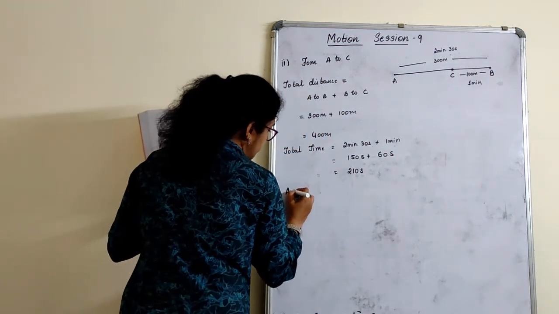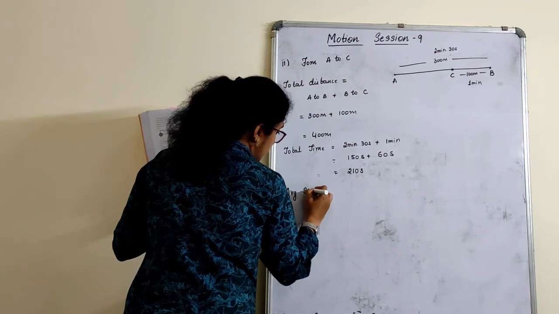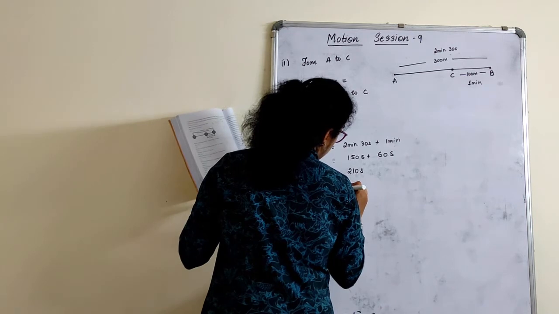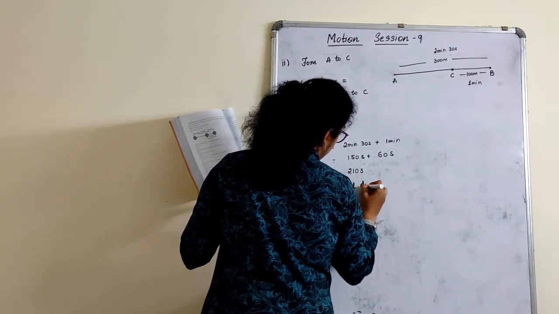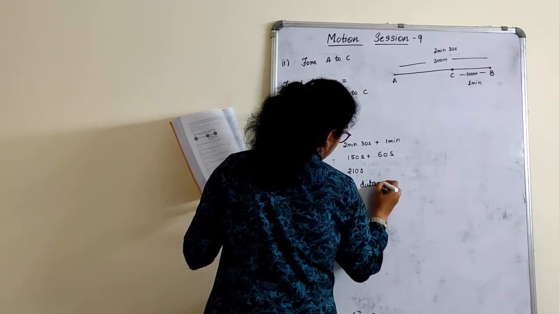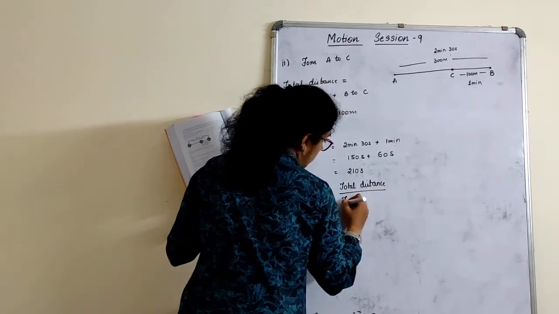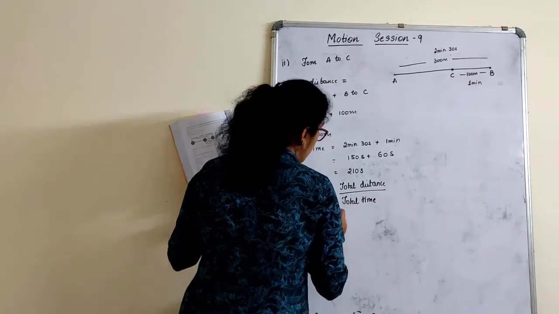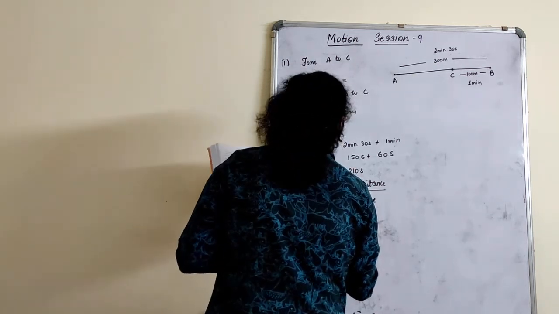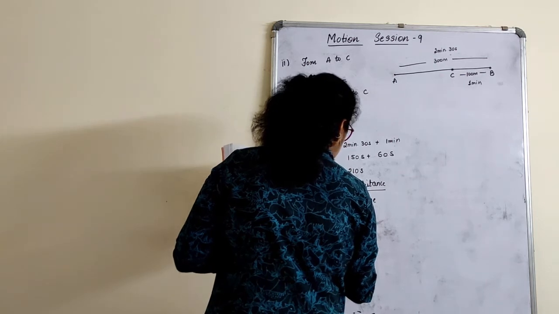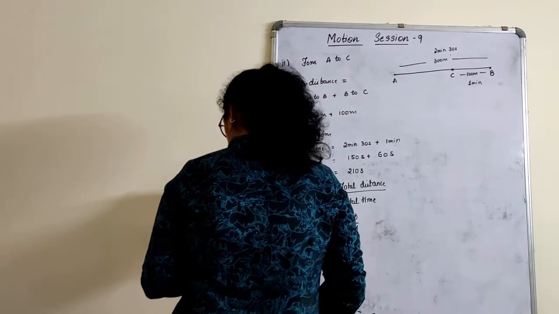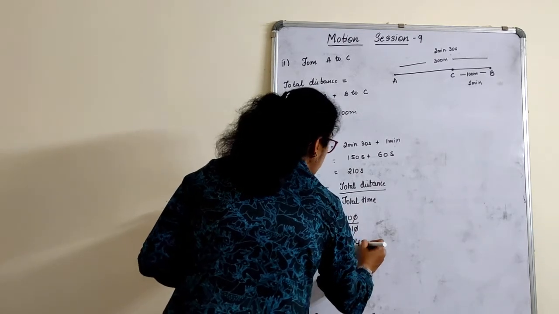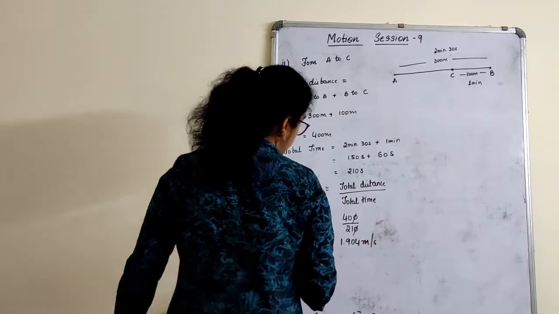Now average speed is equal to total distance upon total time. How much is it? Total distance is 400 divided by 210. You will get the answer in decimal here, that is 1.904 meters per second. This is the average speed.